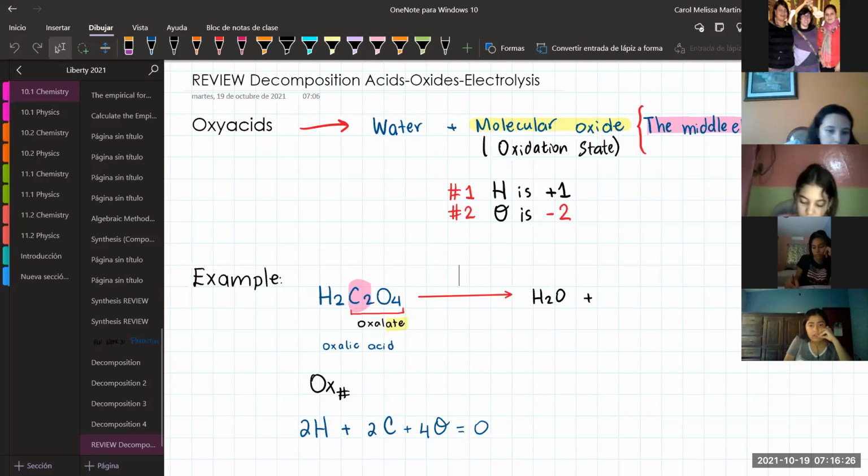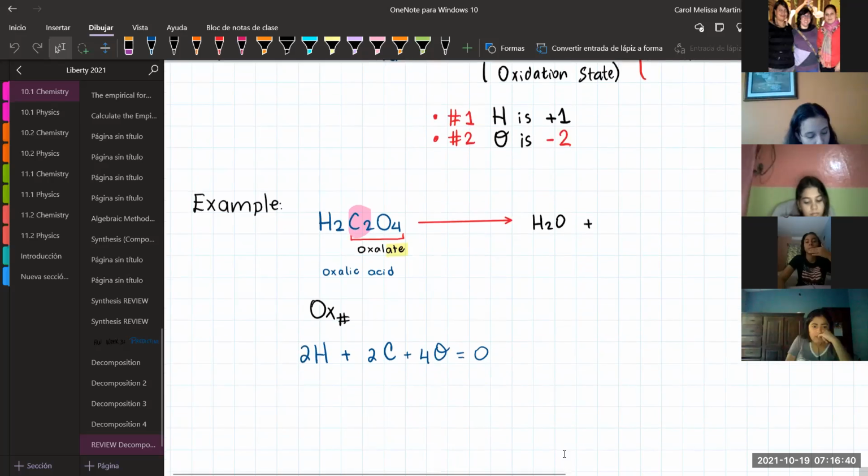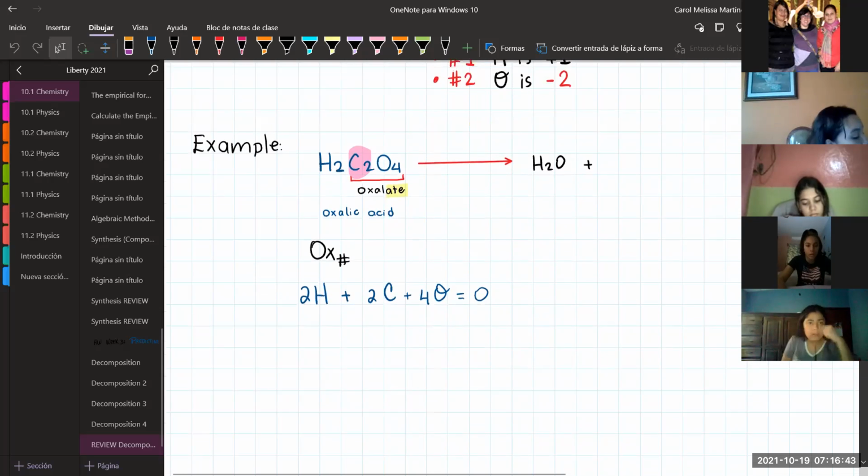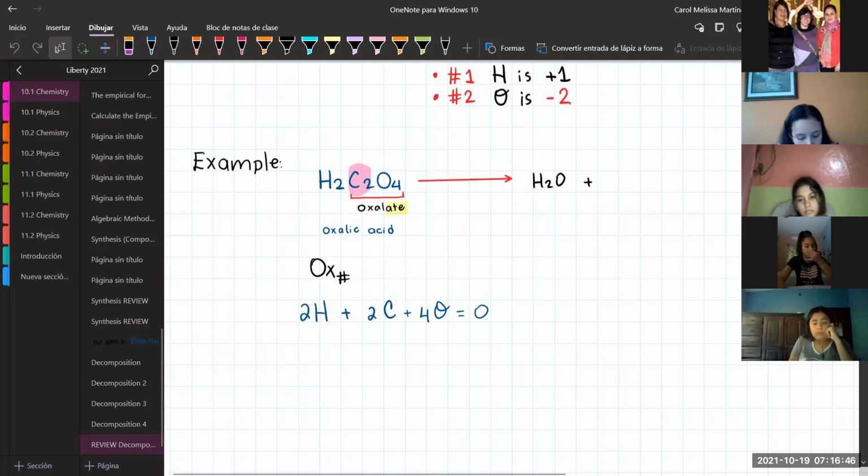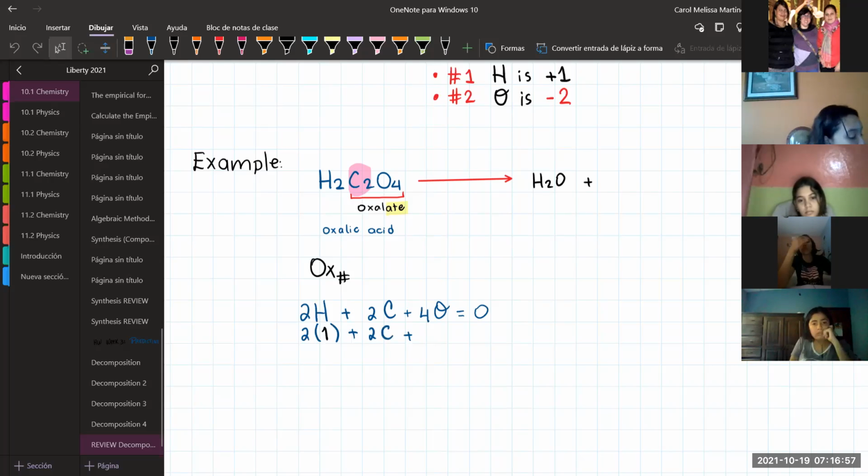And now we start by applying the rules. Remember, the first rule is hydrogen plus 1, and the second rule is oxygen minus 2. So we substitute the numbers given in the rules: 2 hydrogens times 1, plus 2 carbons, plus 4 oxygens times -2, equal to 0.